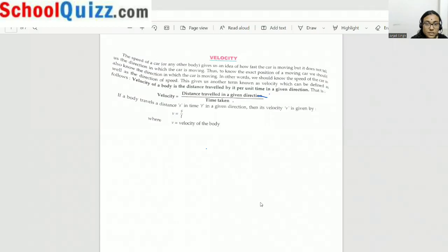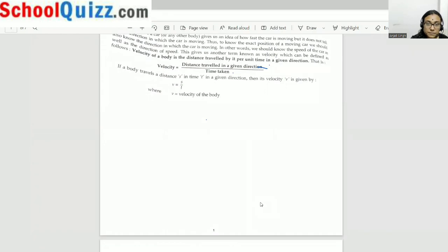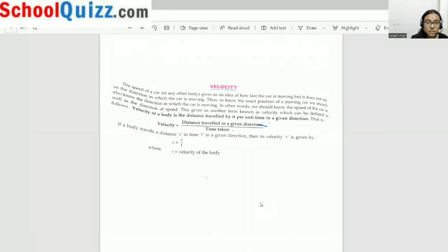So you can see, about the velocity. What is velocity? Velocity means the distance traveled in a given direction. As I earlier told you, the distance traveled within a particular direction is denoted as displacement.